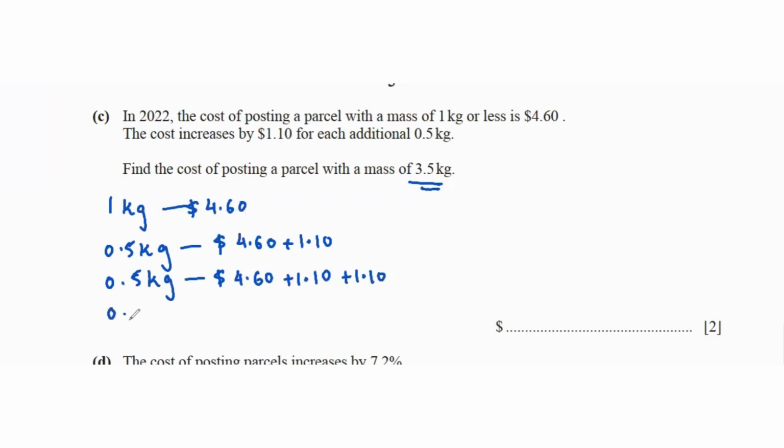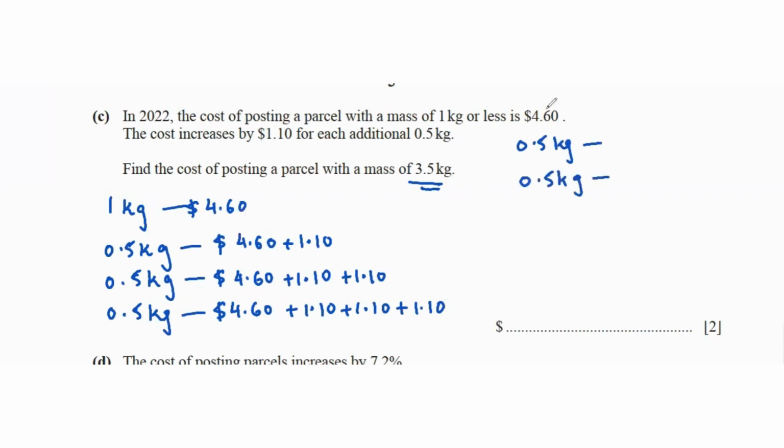Then for the next, another 1.10 is added to this. So we have 2.5 kg, so 1 kg more left. So another 0.5 kg and another 0.5 kg.